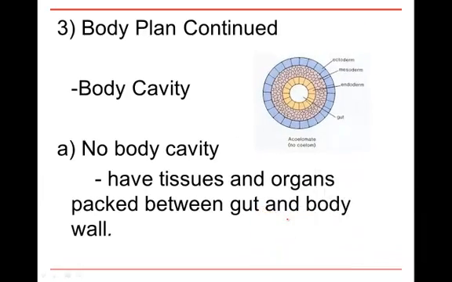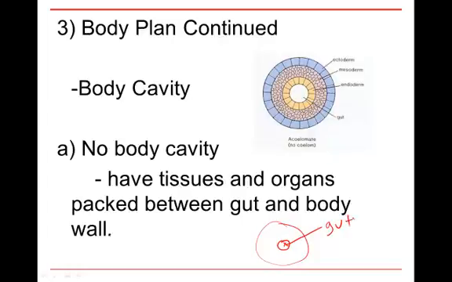And so, for example, one possibility is to have no body cavity, and so you should draw a circle. You could try drawing a circle, and inside there draw that. This would be the gut.